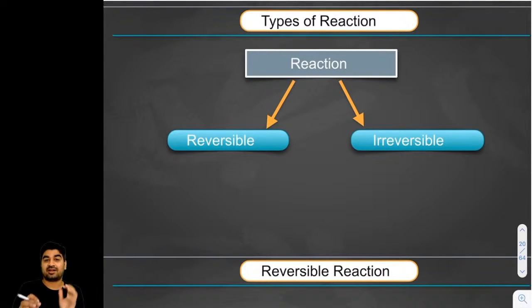So again, what are the types of reaction? There are two types of reaction. One type we call reversible, another type we call irreversible. So what is a reversible reaction?